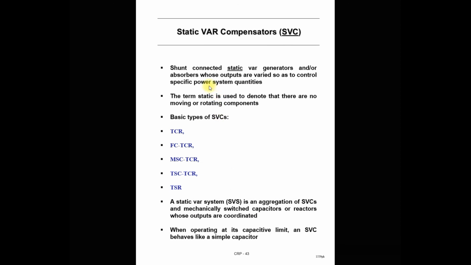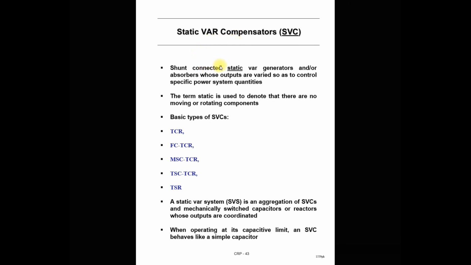The name static var compensator suggests that there is no rotating or moving part in this compensator, unlike the synchronous condenser. In the synchronous condenser, you know that it is a rotating machine, not a static machine.